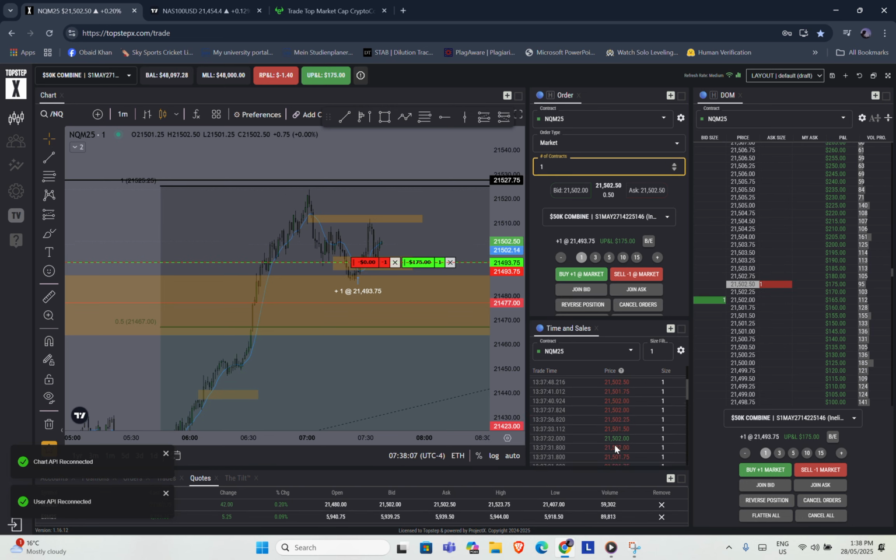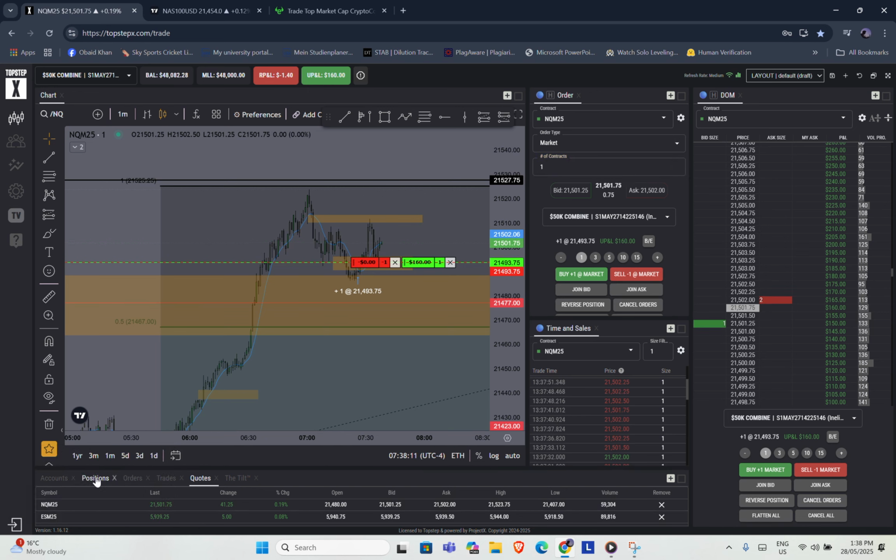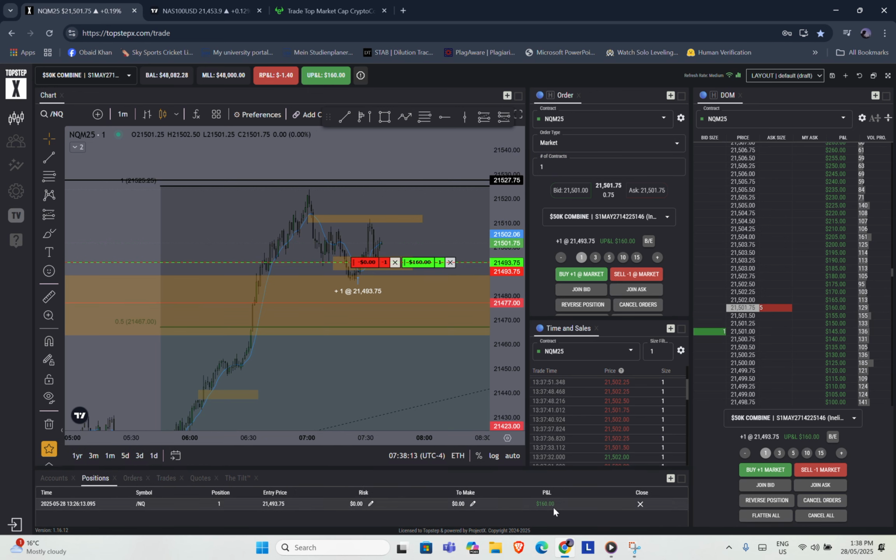Okay, these are your positions. Currently it's in PNL 150 profit. It can be shown here as well. So I think that is enough for today.